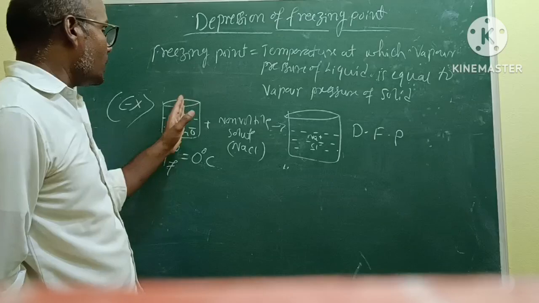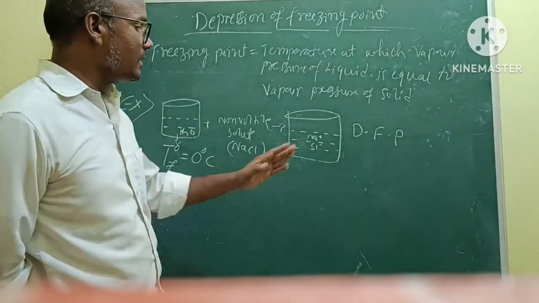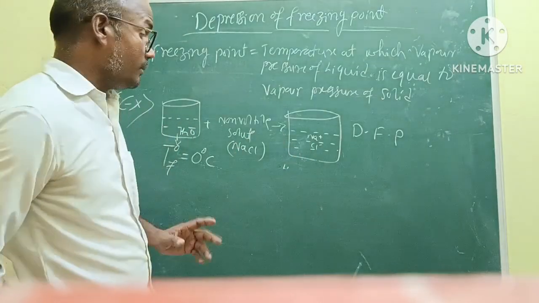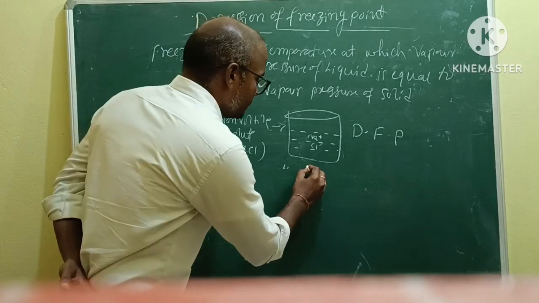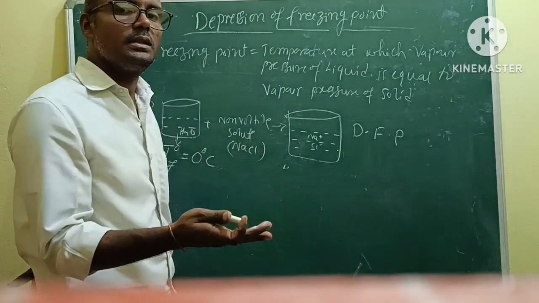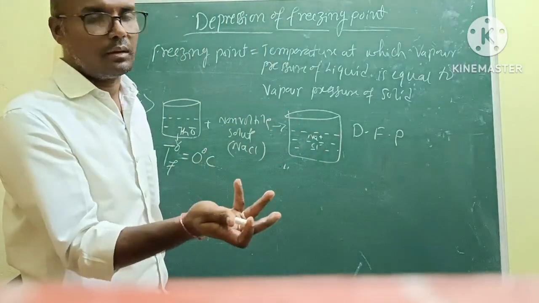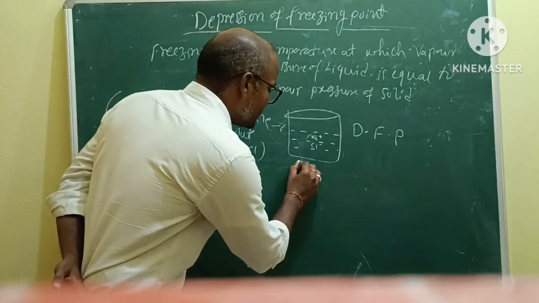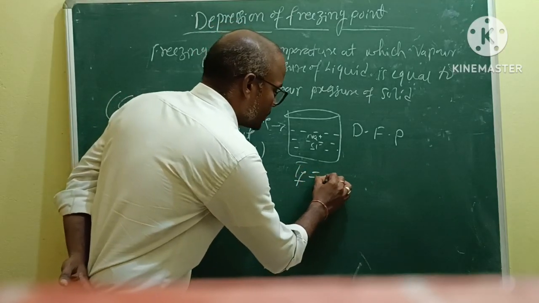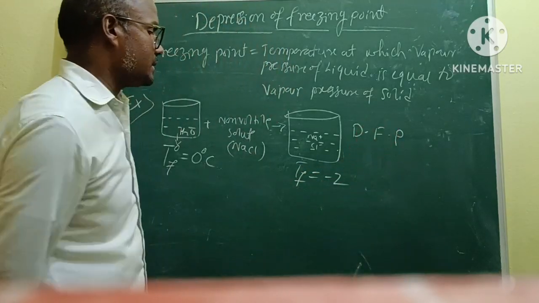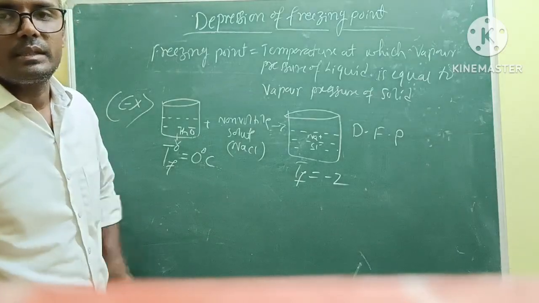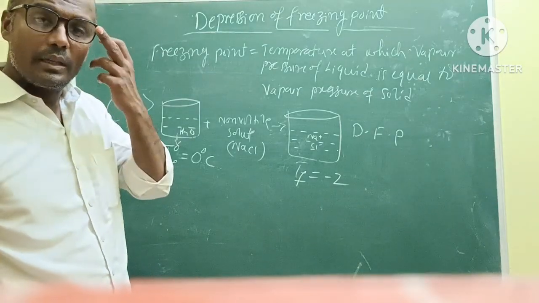Again, when we add the non-volatile solute NaCl to this solvent, the freezing point decreases. It may be -1, -2, -3, -4 degrees Celsius, anything. We will just consider Tf is equal to -2 degrees Celsius.